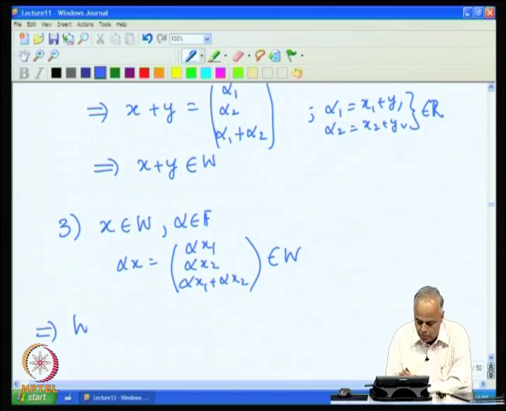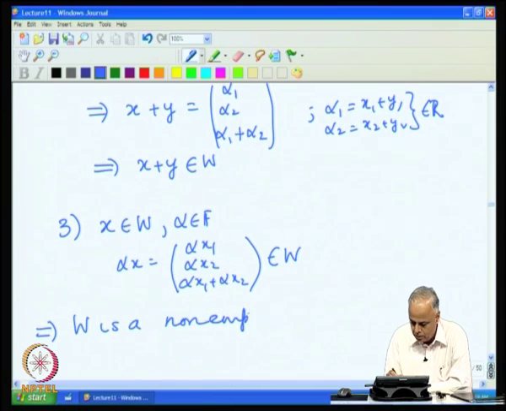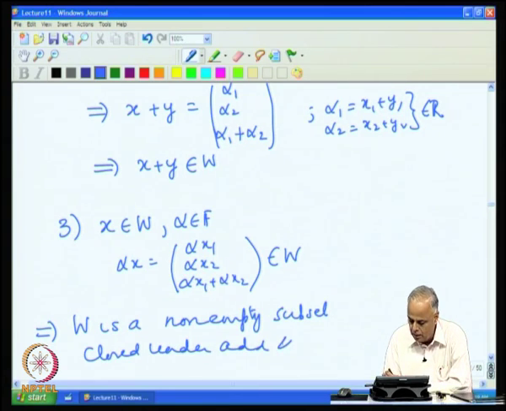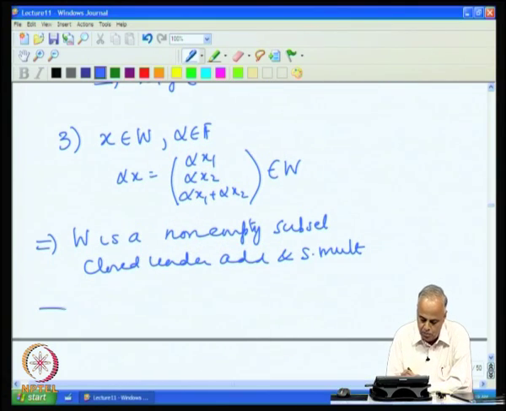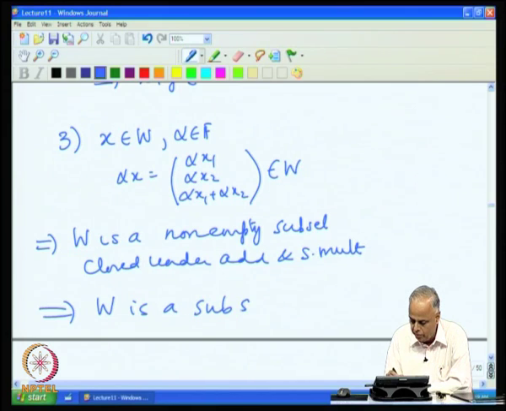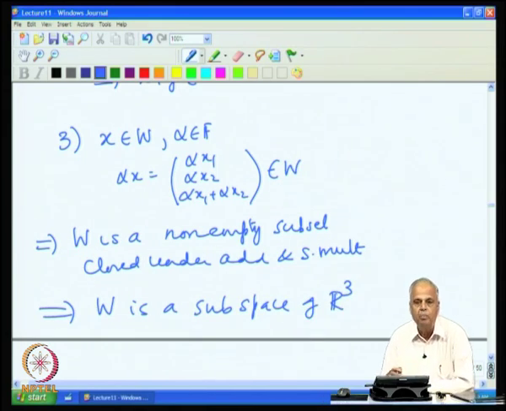So W is a non-empty subset closed under addition and scalar multiplication, which means W is a subspace of V. We shall see more examples of subspaces in the next lecture.